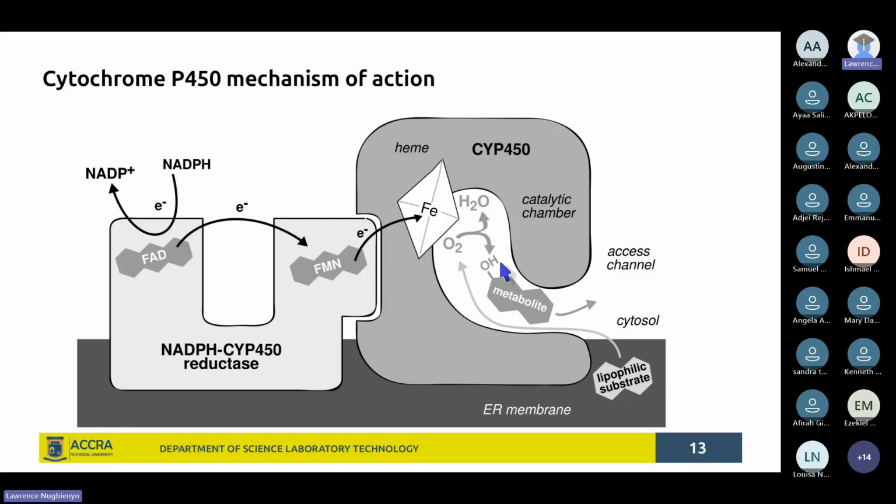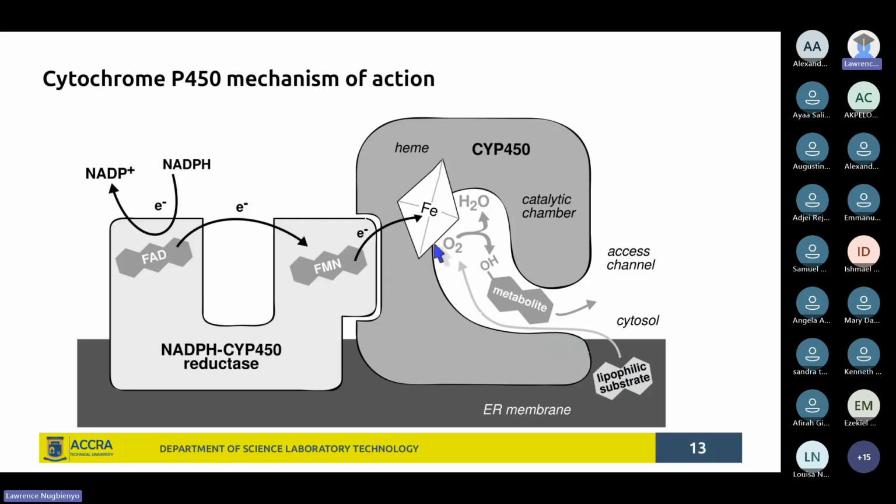And then we did talk about the active center of enzymes. Here, it is shown as a catalytic chamber. It's just referring to the same term as the active center. And what do you see? You see there's a lipophilic substrate. That's the toxicant, the xenobiotic, that gets into the catalytic chamber.